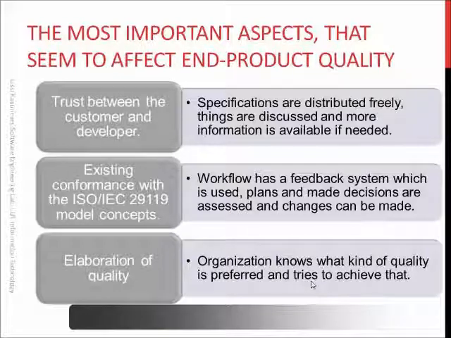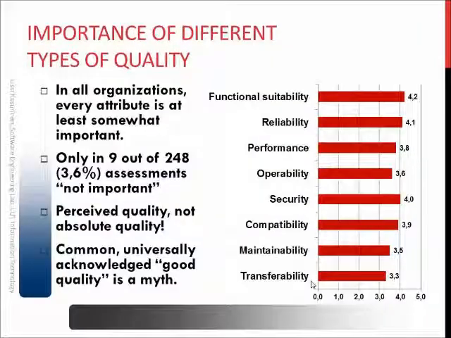Organizations which are conducting by themselves similar practices that the standard defines tend to believe in their own quality more than companies which aren't. Also, the companies which know what sort of quality they want actually are able to achieve better results.